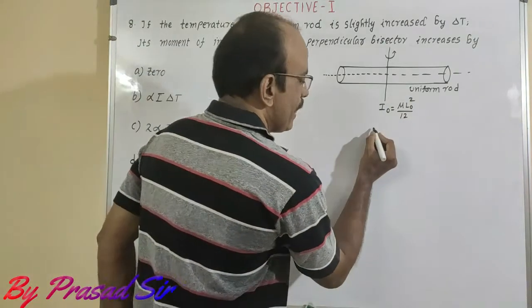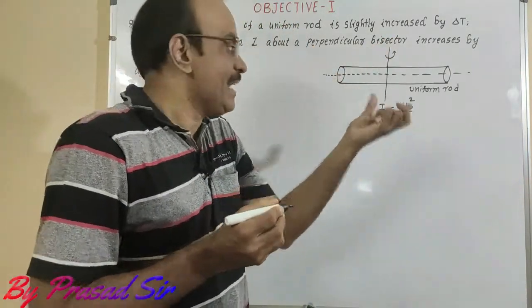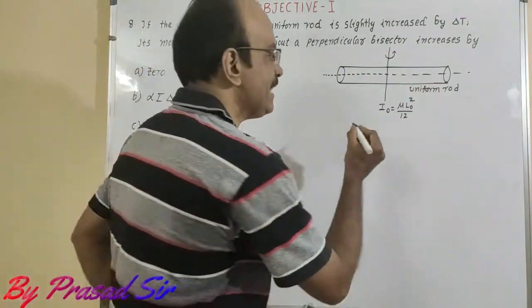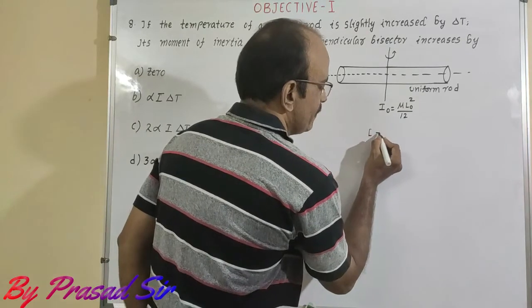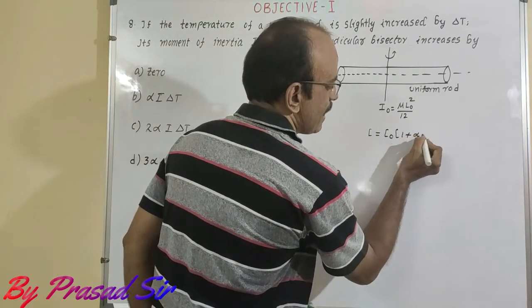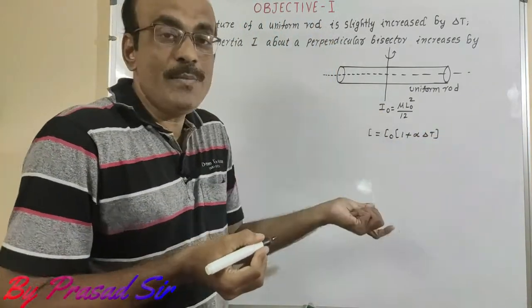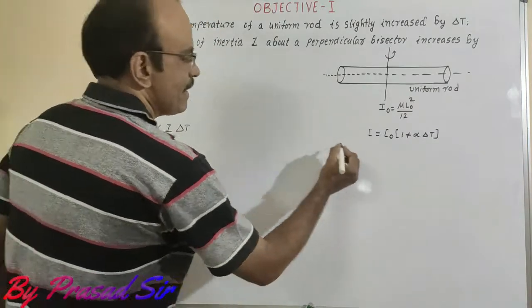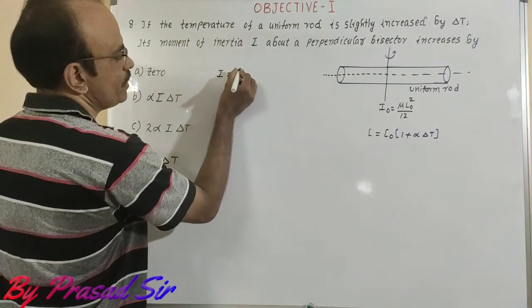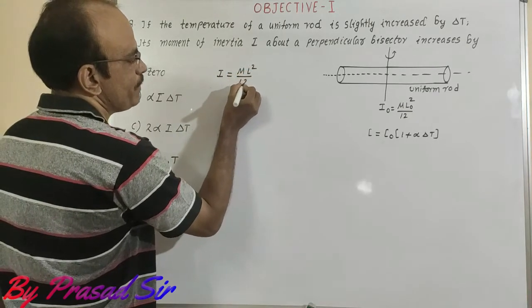But here, what happens if the temperature rises for this uniform rod? The length increases. What is the length now? L is equal to L naught times 1 plus alpha into delta T. Then the affected moment of inertia: I is equal to m L square divided by 12.